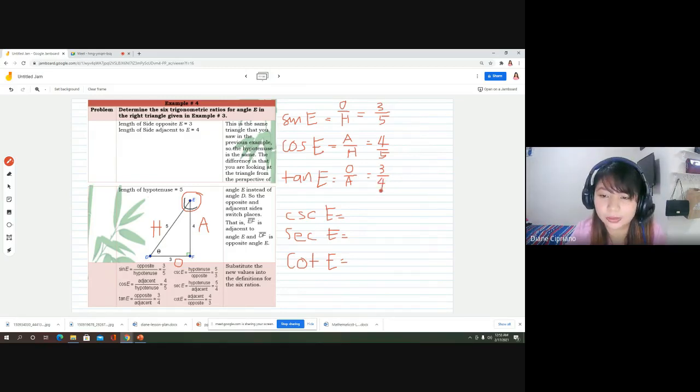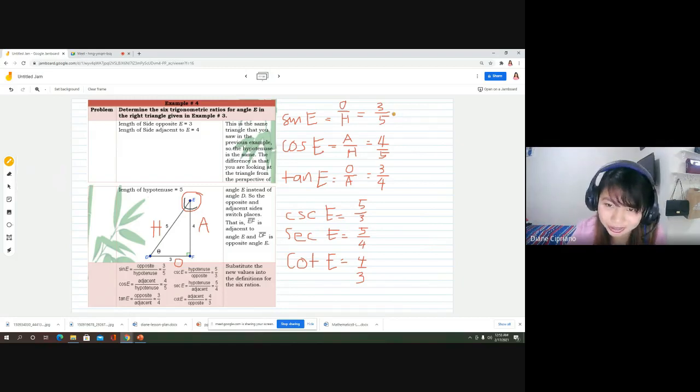And its reciprocal, your cosecant will be 5 over 3. Secant will be 5 over 4. And your cotangent is 4 over 3. Okay, so we got now the 6 trigonometric ratios.